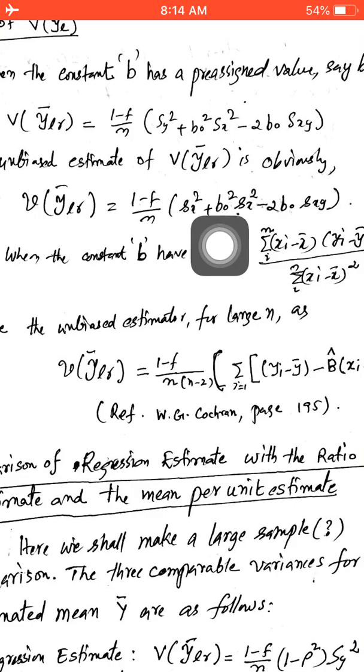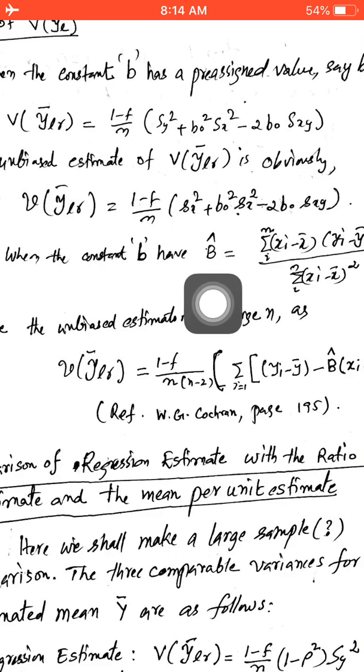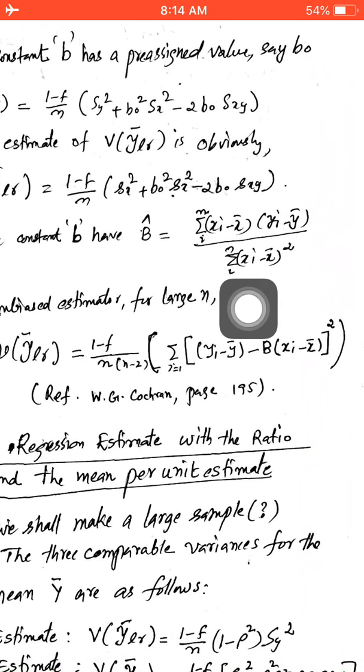Okay, so the first case is very simple, and practically the second case is important, because in the second case we use the sample estimate of the regression coefficient, that is b hat. B hat is the sample regression coefficient of y on x.